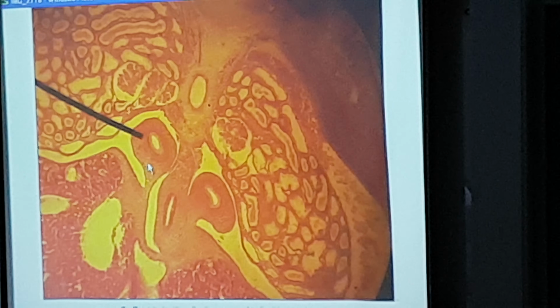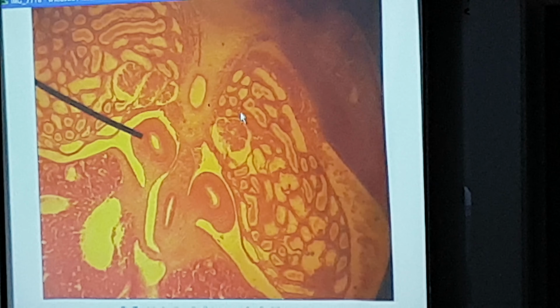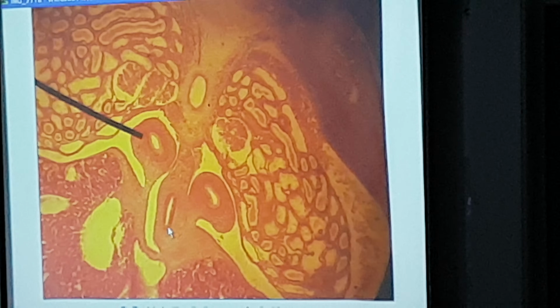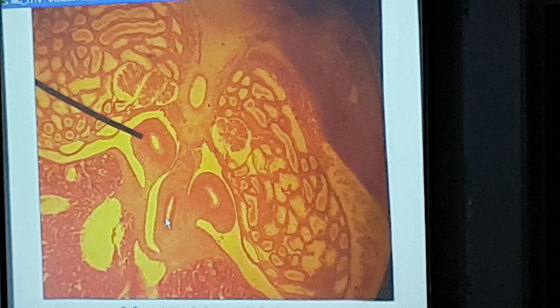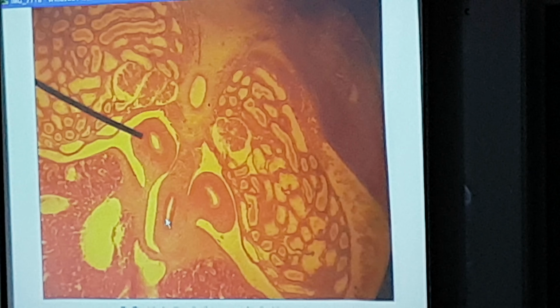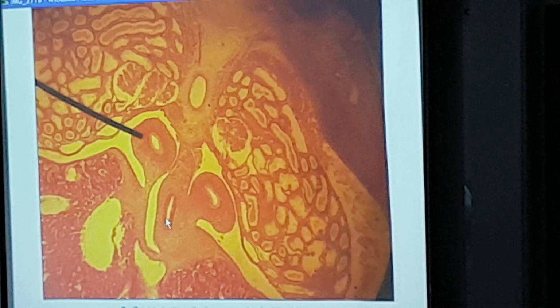So in here, we don't need this, we don't need this, we don't need this. We need this structure. And what is this? Esophagus. Remember, there is the lung.